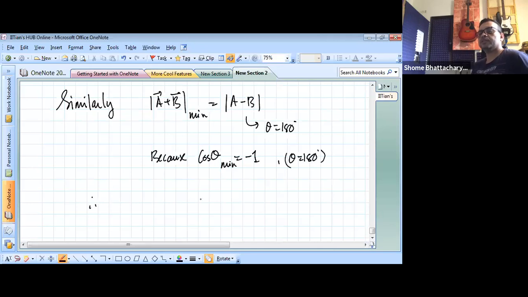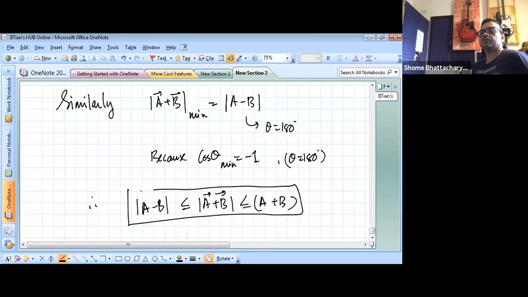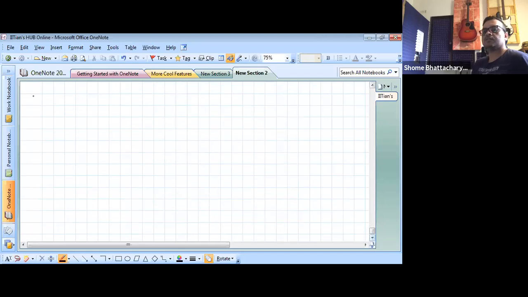So from that we saw that in general this was the statement of the triangle inequality, which you have correctly pointed out that we've done in the last class. So let's look at a question or two of the application of this before we move on to other things. Okay, so let's look at an example application.